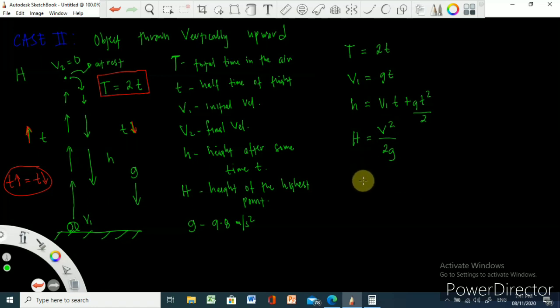What else? Yung small t, syempre, since ito ay gt, ay di pag dinerive mo dyan, then t is equal to v1 over g. Okay, so yun yung mga equations na gagamitin natin.